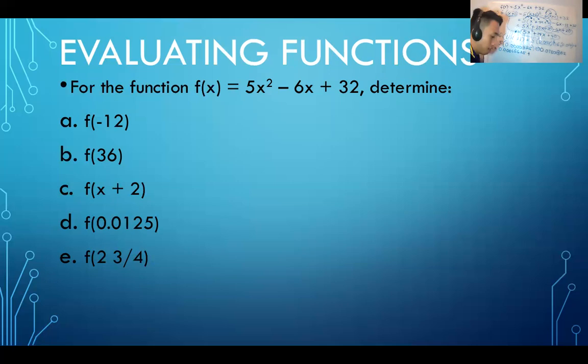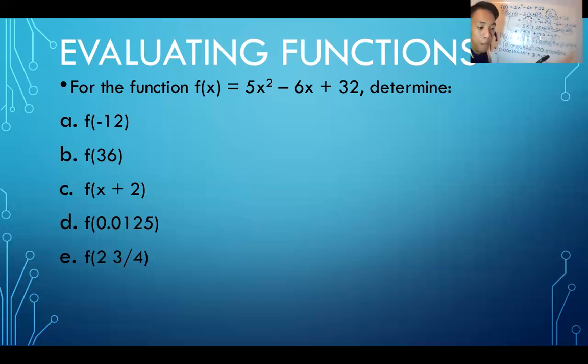Kasi haba-haba niya. 32 minus 0.0750 equals 31.925. 31.925. So we have here 31.925.